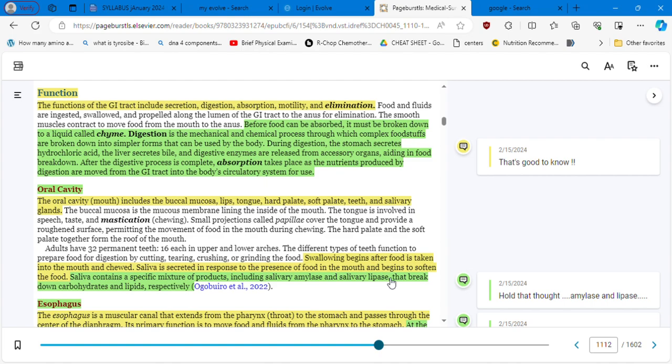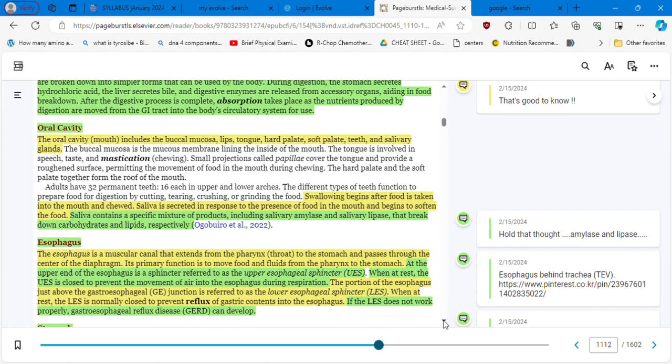So we are going to hold that thought on those enzymes, the amylase and the lipase, in the saliva, okay, that break down carbohydrates and lipids respectively, meaning amylase is going to break down carbohydrates and lipase is going to break down lipids, okay? So remember those two.